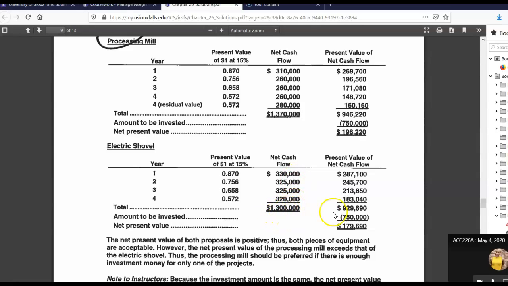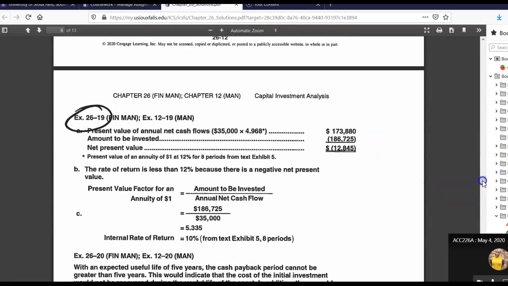Anybody have questions on these two alternatives or what we're trying to do here for net present value? If you set it up the same way every time, you'll be consistent and you won't forget a step. The only difference between the two that you've ever seen is, in this case, notice we're calculating all kinds of calculations before we get to our total compared to what we invest in net present value, as compared to just the previous problem where if it's the same cash flows every year, then you only need to do one line because we can use the annuity table.